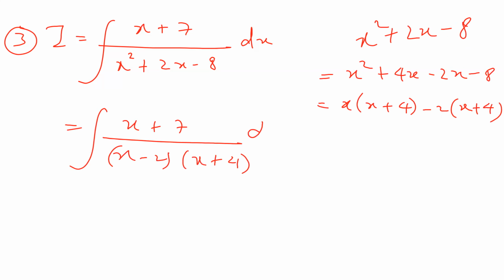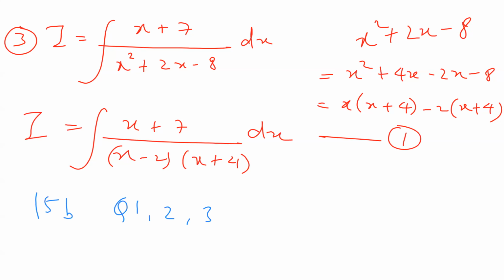Then this will be your equation number 1, and you can solve using partial fractions category 1, distinct linear factors. Whenever you are able to factorize the denominator, please factorize it and solve. In the OP Malhotra textbook, exercise 15b, question numbers 1, 2, 3, 5 and 6.